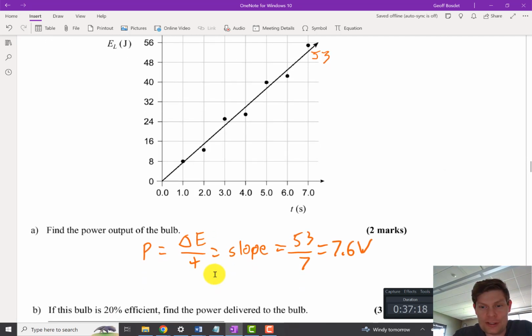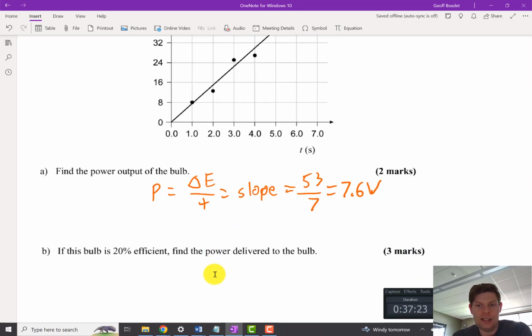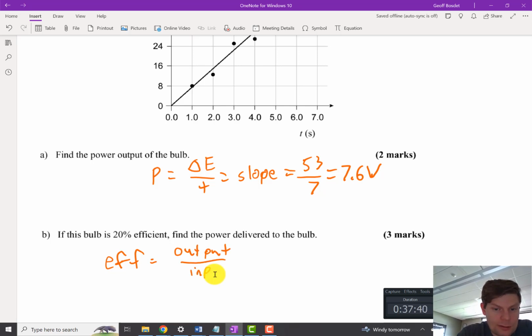All right, so you got 7.6 watts out there. Now that's the output of the bulb. So if we want to find the input of the bulb, remember efficiency is equal to output divided by input. So if we want to find input, we can rearrange this.